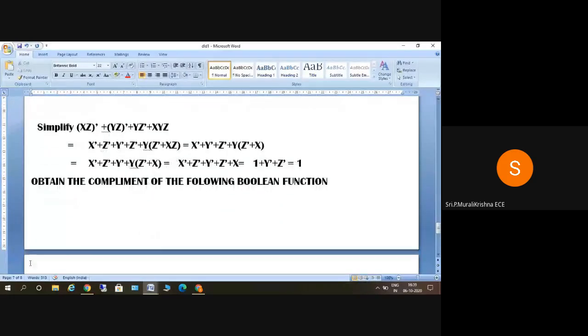One is the normal way using De Morgan's theorem, the other is using the duality. So what we'll do, we'll take the duality.